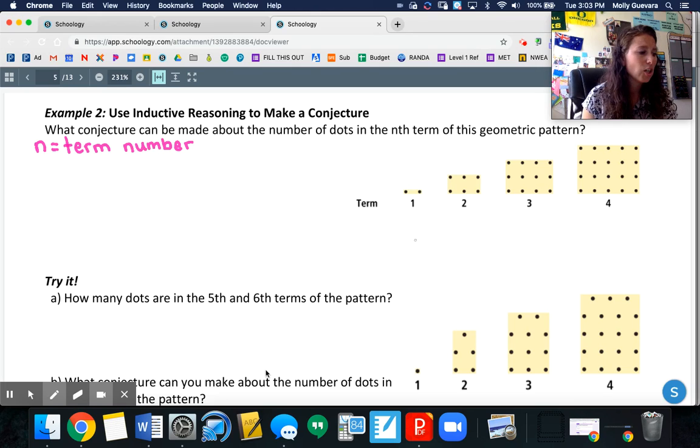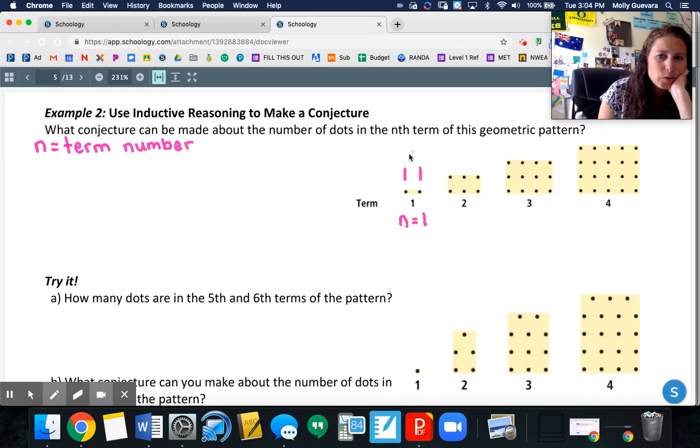Okay, so here, let's just make some observations. If my term is 1, n is 1, I have 2 dots. Are we okay with that? So let's just say there are 2 columns, so 1, 2.